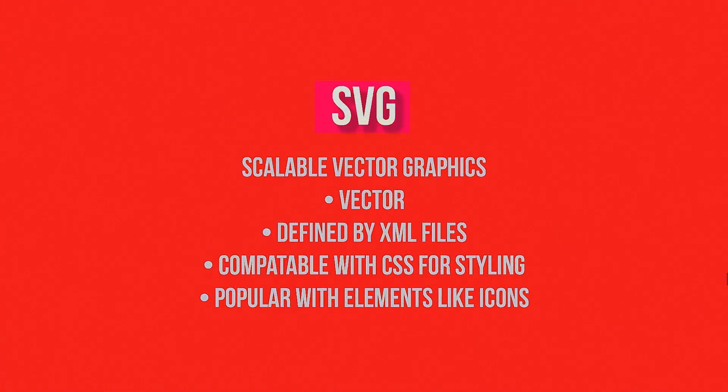SVG format. I don't think most of you would have heard of this, but this particular format is basically used for software development, that is, to create an icon in your program. You would have seen in Photoshop the icons in the toolbar on the left. All these small icons are done either in GIF format or SVG. It is called Scalable Vector Graphics, so it is also not pixelated.